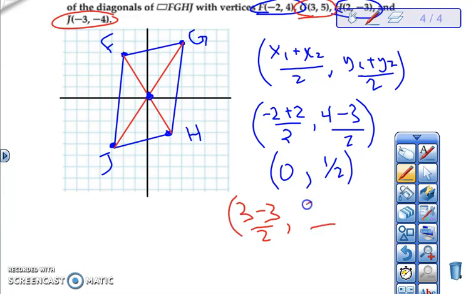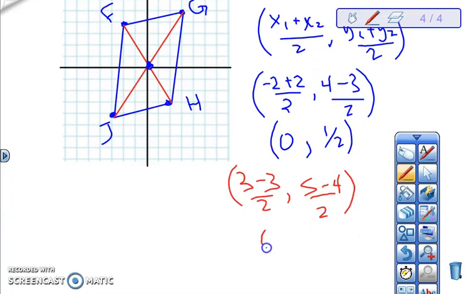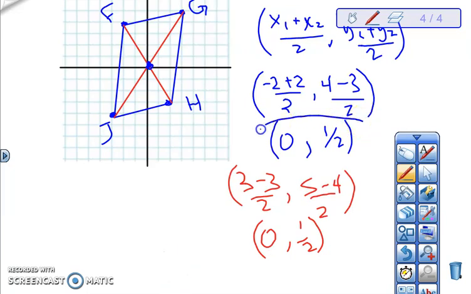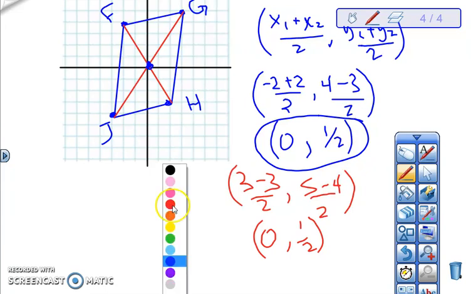I'm going to take 5 minus 4 divided in half. And so once again, we get 0 and 1/2. So not only have we confirmed our point, we've also really confirmed the theory that we had in the first place, which was that the point of intersection is the midpoint of both lines.